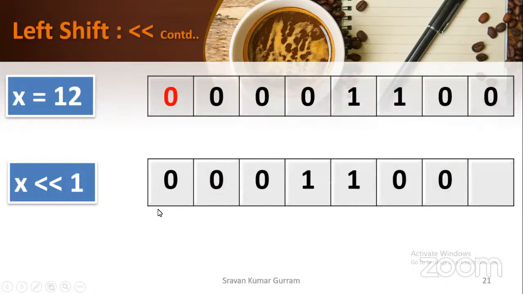See now, this is the actual value generated after shifting one bit to the left-hand side. How does it happen? It starts from the right end. These are the input's equivalent binary values. The first bit from the right-hand side will be shifted by one position, because we are writing the code x left shift 1.